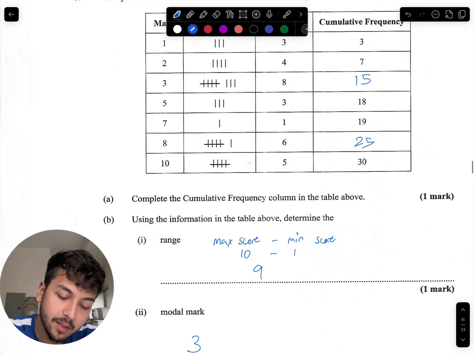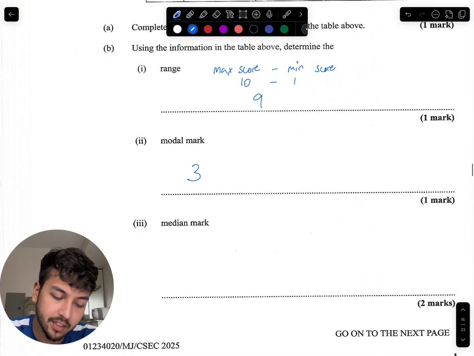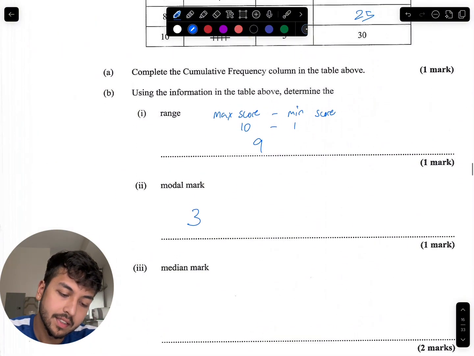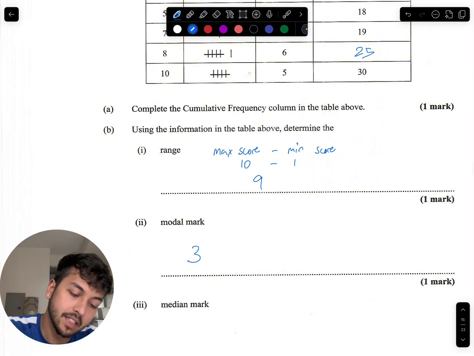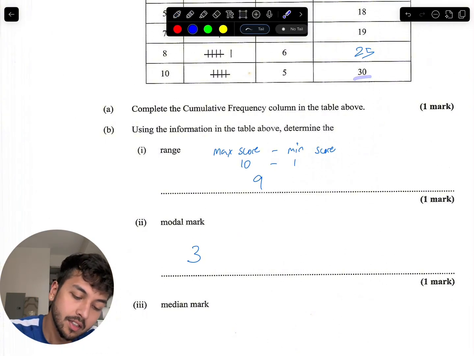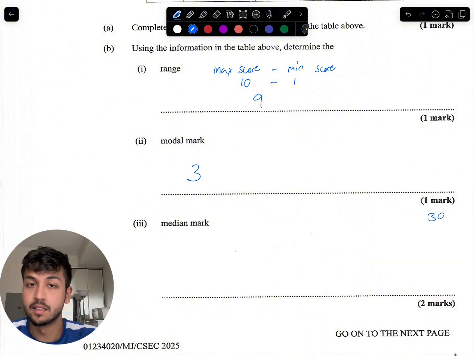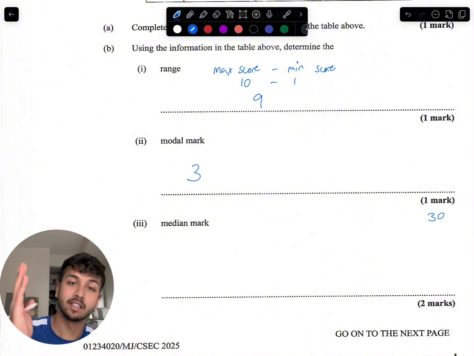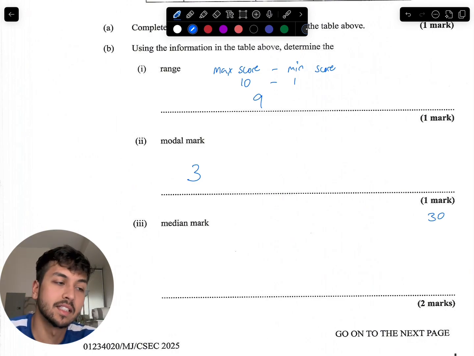The median mark. So this one is slightly trickier. In this case, the total cumulative frequency is 30, as we're seeing here, right? And median means the middle, right? So the mark that is in the middle. And when you're dealing with the median, the first thing you need to check is is it odd or even, right?